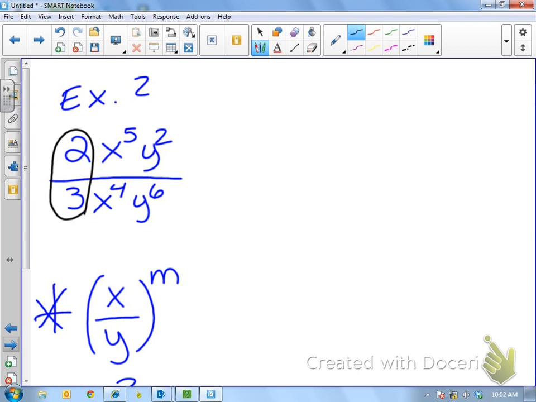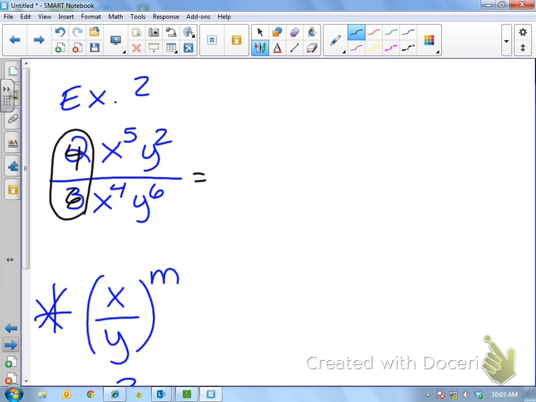No. I also check and see if maybe they could reduce. If instead of 2 over 3 I had said 4 over 6, well, 4 over 6 can reduce to be 2 over 3. So you always reduce this fraction, or if it could divide, what if instead it was 10 over 2? Then we could actually divide and get 5. So you always look at this and just consider it as a divide problem.